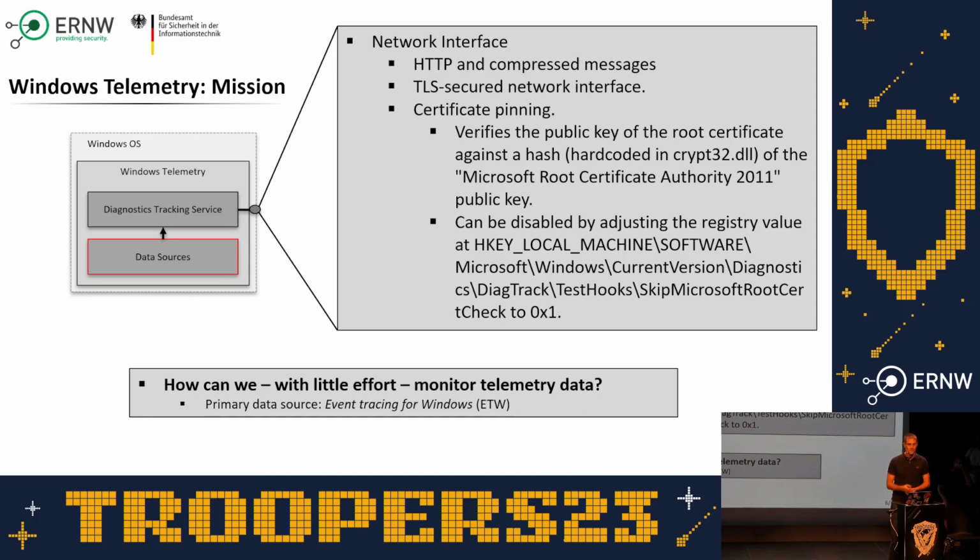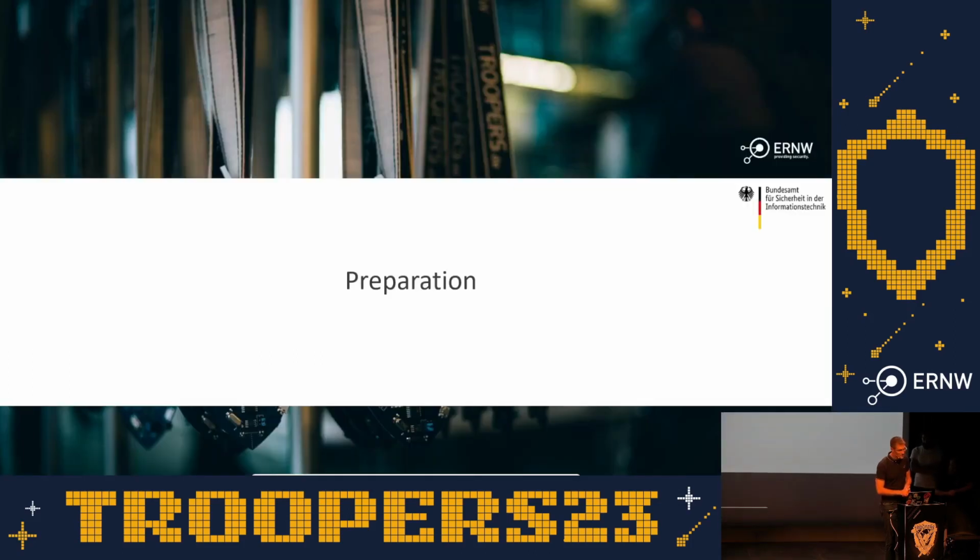So going after the network side would have meant rather more effort. So the decision was to just do it the same way as the telemetry does: observe what is happening on the local system. And so the decision was we just also use the Event Tracing for Windows infrastructure to monitor the telemetry service. So, and how this worked out, having this said, I would hand over to Dominik.